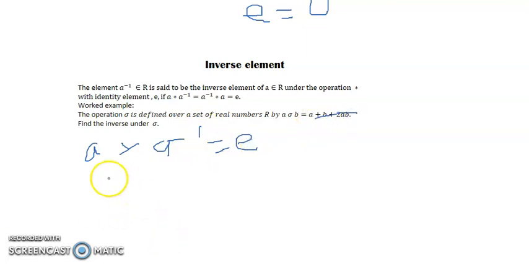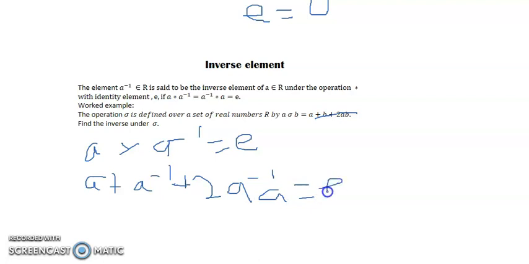So then this is A plus A inverse plus 2 A inverse A to be equal to E. What do we get? We get our answer that A inverse is equal to E minus A all over, then we factorize it, 1 plus 2A.